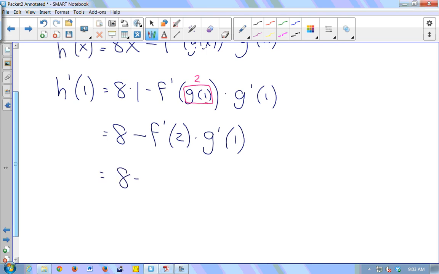And then what's f prime of 2? 10. What's g prime of 1? Negative 6. So this says 8 minus negative 60. 8 plus 60 is 68. So I have my h prime of 1, which is my slope.